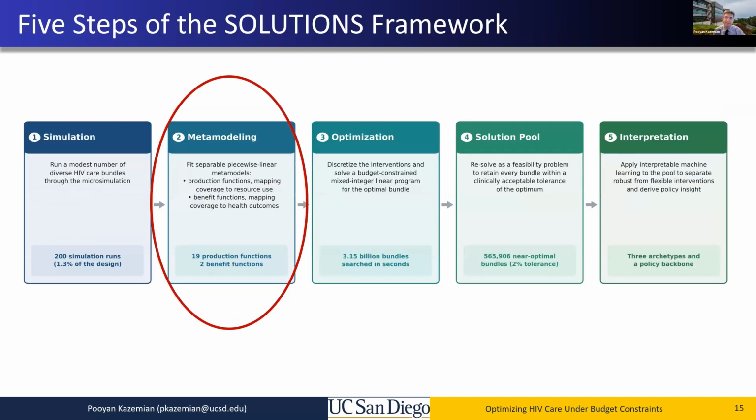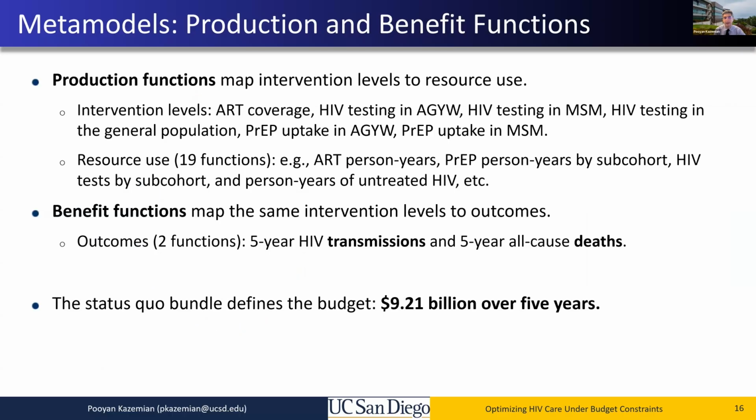Now, moving to the second step of the framework, meta-modeling. Here we developed two sets of meta-models. Production functions map intervention levels to resource use. We had 6 interventions: ART coverage, HIV testing in adolescent girls and young women, HIV testing in MSM, HIV testing in general population, PrEP uptake in young women, and PrEP uptake in MSM.